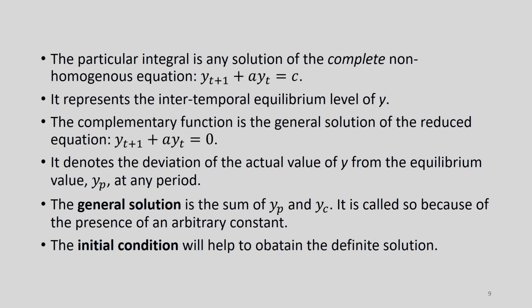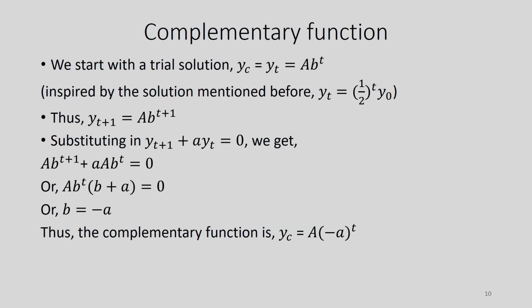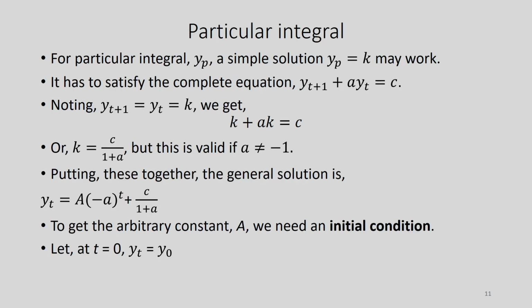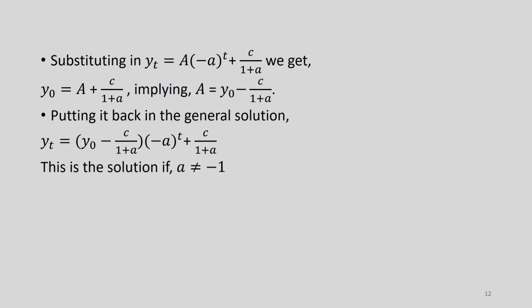and if we know the initial condition, then actually we can find out the exact solution, and the exact solution will be of this form: y t is equal to y 0 minus c divided by 1 plus a multiplied by minus a to the power t plus c divided by 1 plus a.